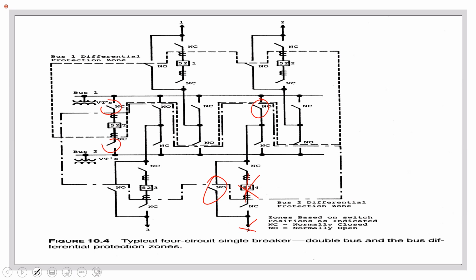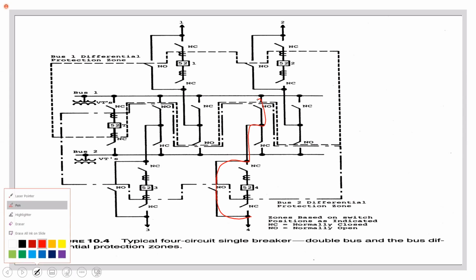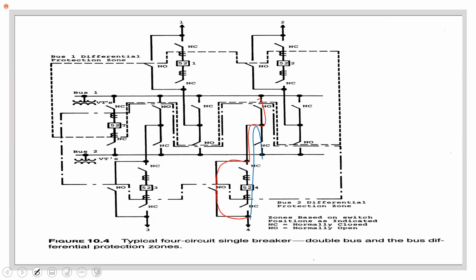Are you with me? So if I get a fault on 4 while I have done the bypass, because the bypass would have been this up here, all right? So that's how I would get power from 4. Under normal circumstances, let me use the blue, I would have done this to 4.